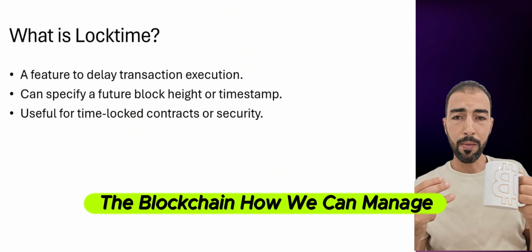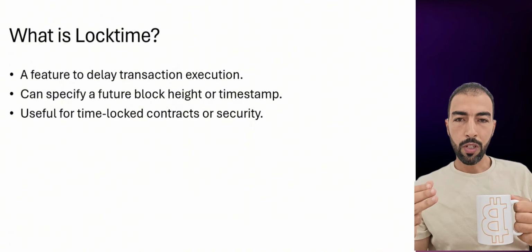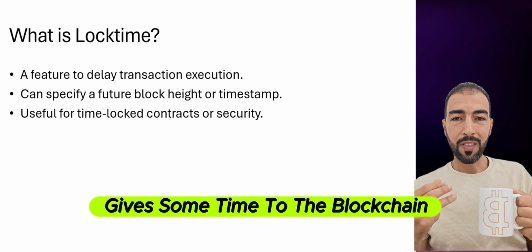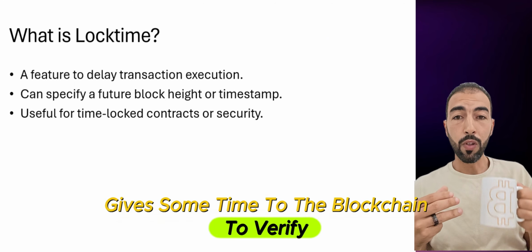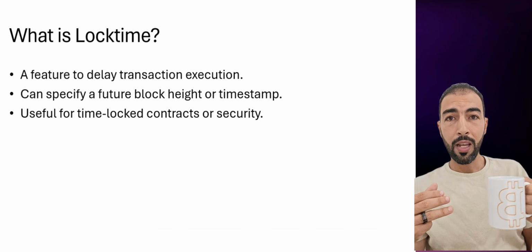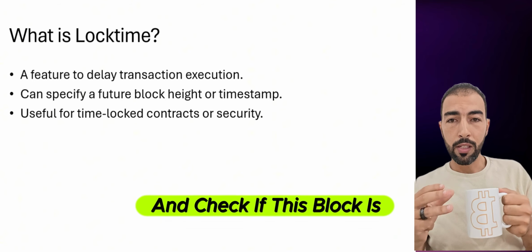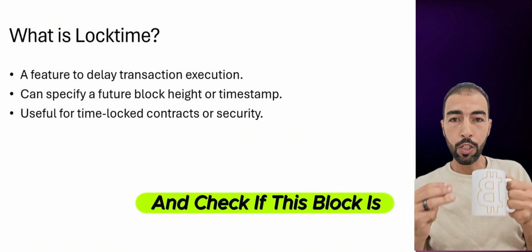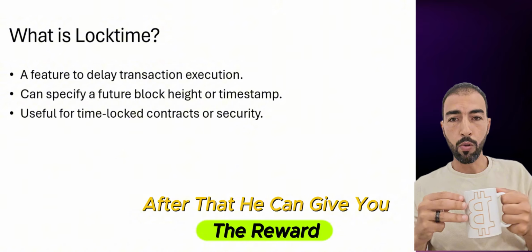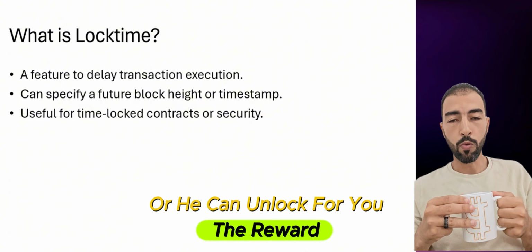We do it by locking the miner reward for 100 blocks. These 100 blocks give some time to the blockchain to verify the chain and check if this block is legitimate. After that, it can give you the reward, or unlock the reward for you.